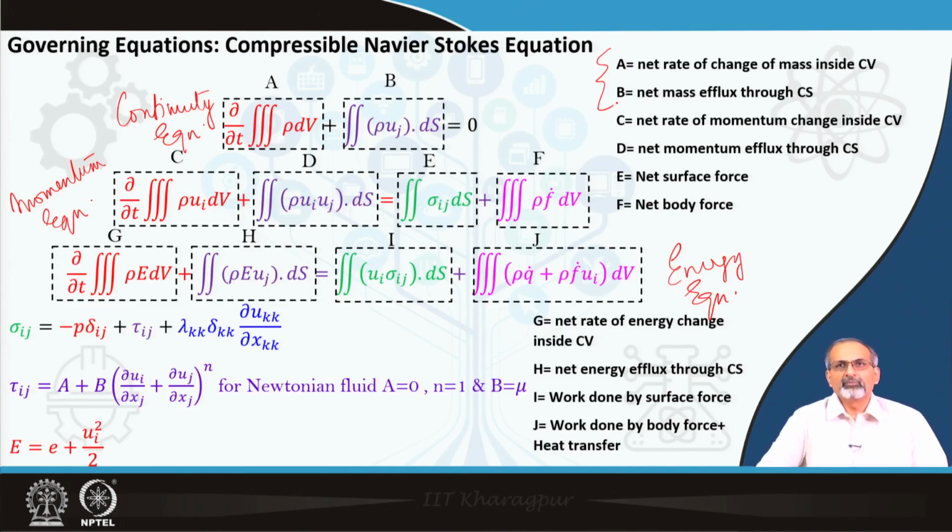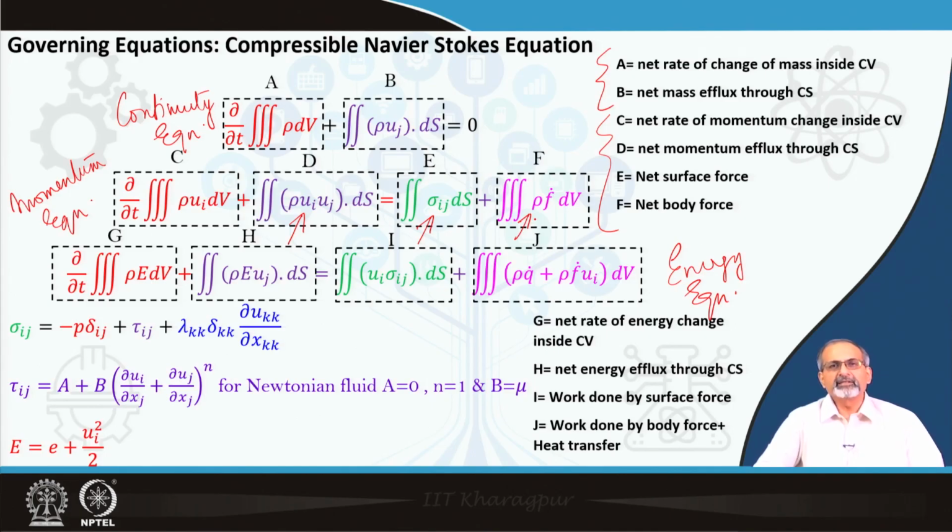When you go to the momentum equation, you have 4 terms C, D, E and F. C stands for net rate of momentum change inside the control volume, which is again a volume integral. Net momentum efflux through the control surface, that is D, which is the surface integral. Net surface force, which is a surface integral, and net body force if we are accounting for them, again in the form of a volume integral.